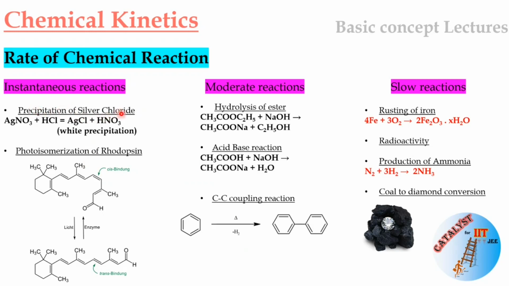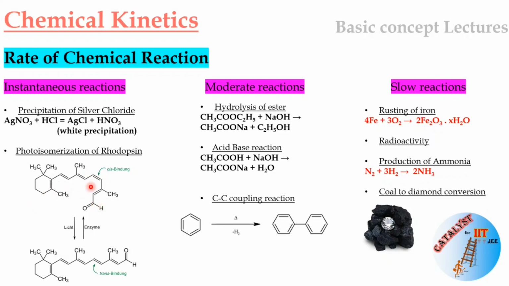Let us look at some examples of these three types of reactions. Precipitation of silver chloride is very common, where you mix silver nitrate solution with a chloride source. Here it is HCl, and you see white precipitation of silver chloride. This precipitation occurs instantaneously, and this is a very good example of instantaneous reactions. Now this molecule is the rhodopsin molecule.